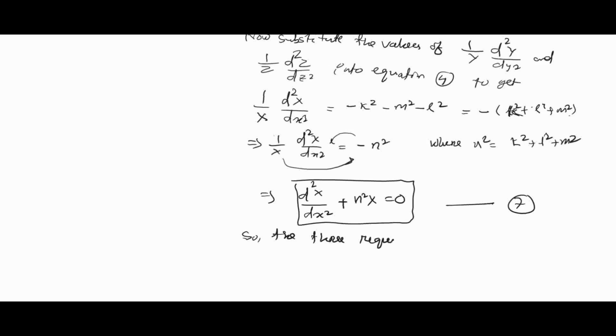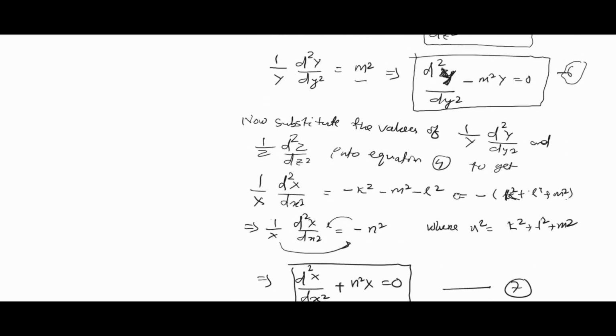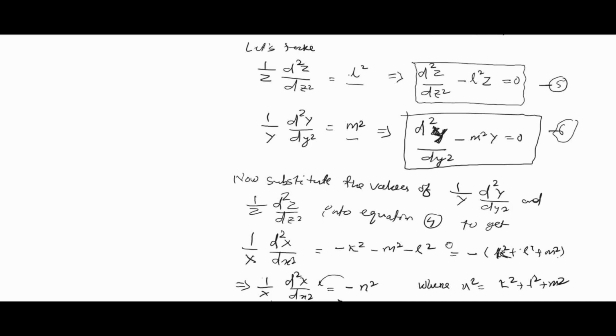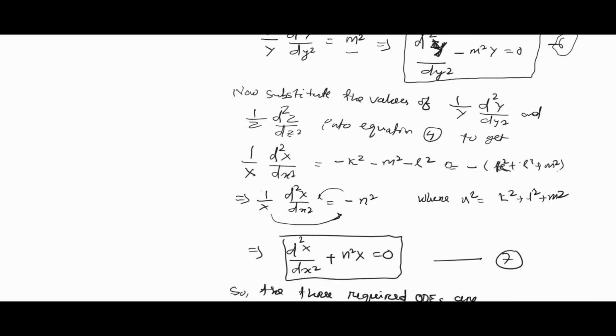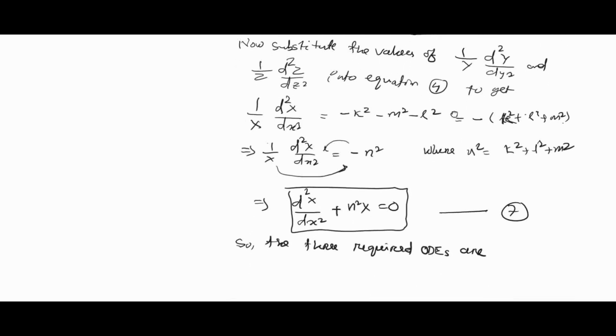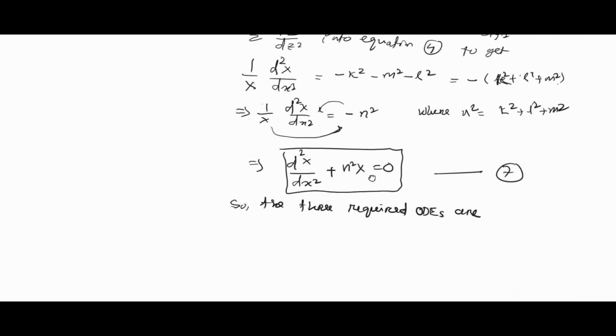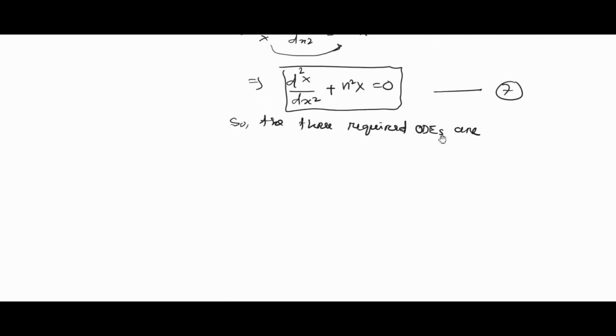So the three required ODEs, what are they? See here: d²z/dz² minus l²z, d²y/dy² minus m²y equal to 0, and d²x/dx² plus n²x is equal to 0. So let us write d²x/dx² plus n²x equal to 0.